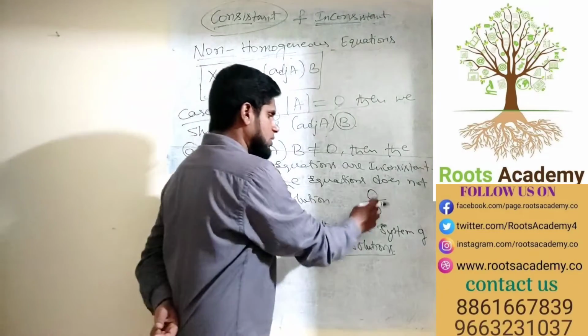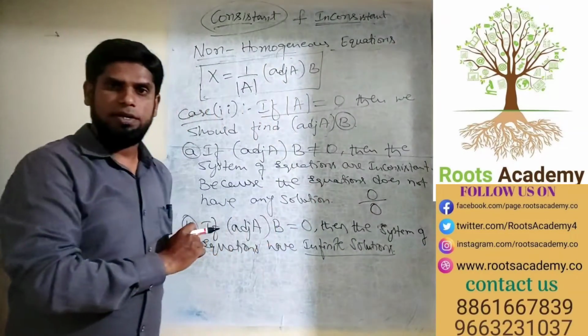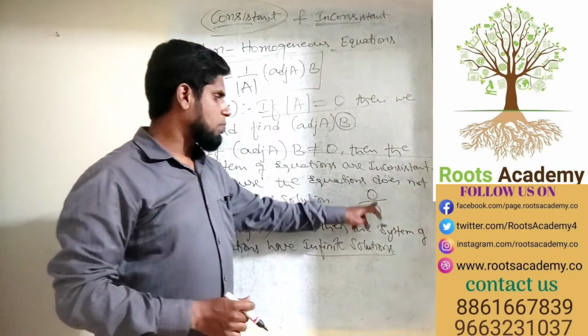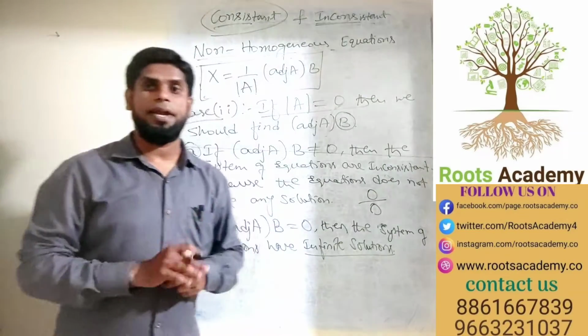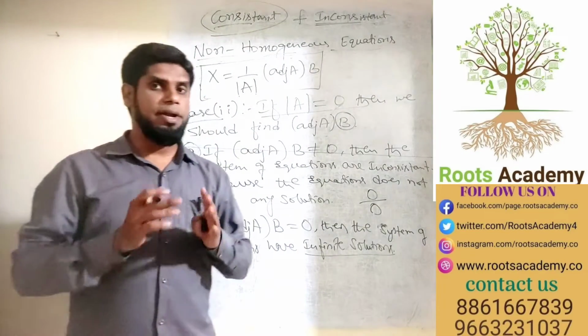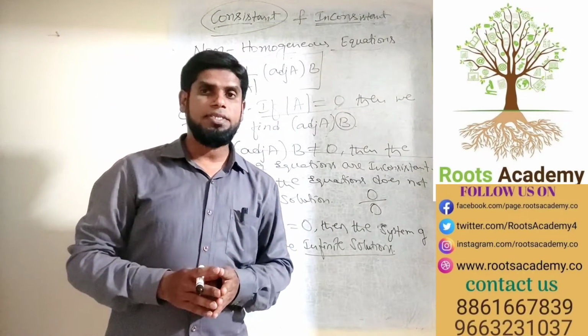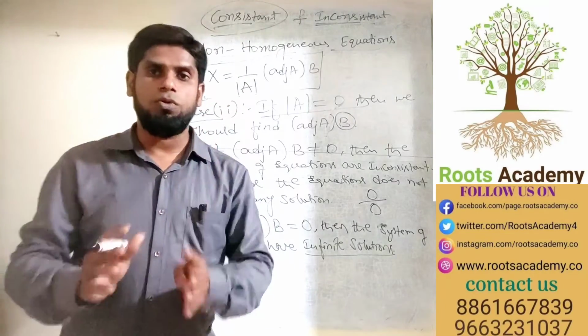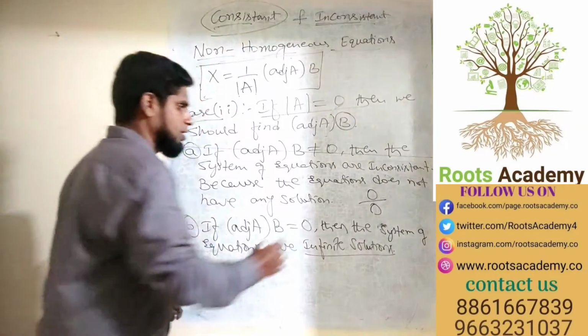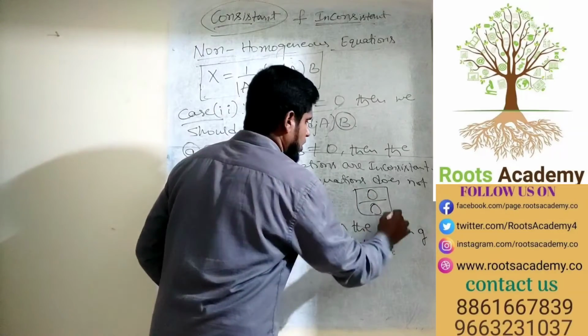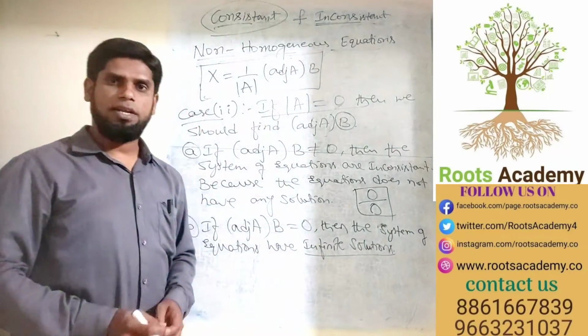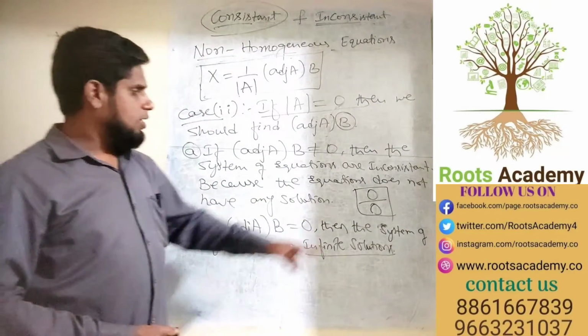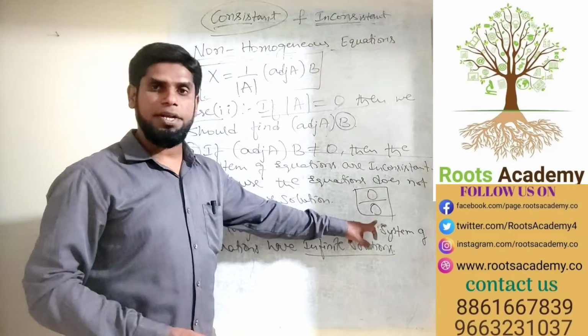Now student, 0 by 0 is what? We know that 0 by 0 is indeterminate. What do you mean by indeterminate? Indeterminate means it has many solutions. In our first PUC we studied in the limits concept that 0 by 0 is indeterminate.